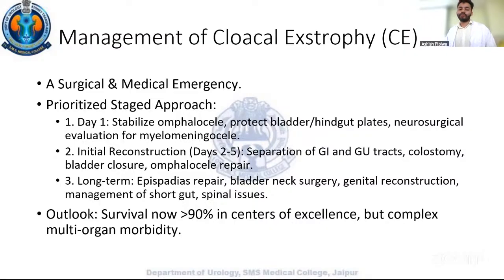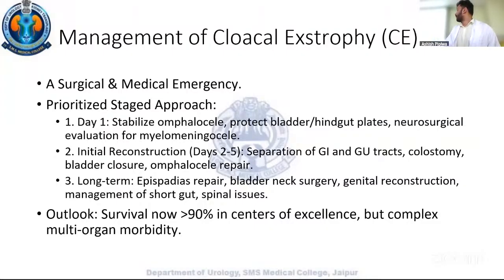We do the colostomy, bladder closure and omphalocele repair. And in the further stages, we do the repair of epispadias and bladder, we do the bladder neck surgery and genital reconstruction, and we manage the short gut and spinal issues.